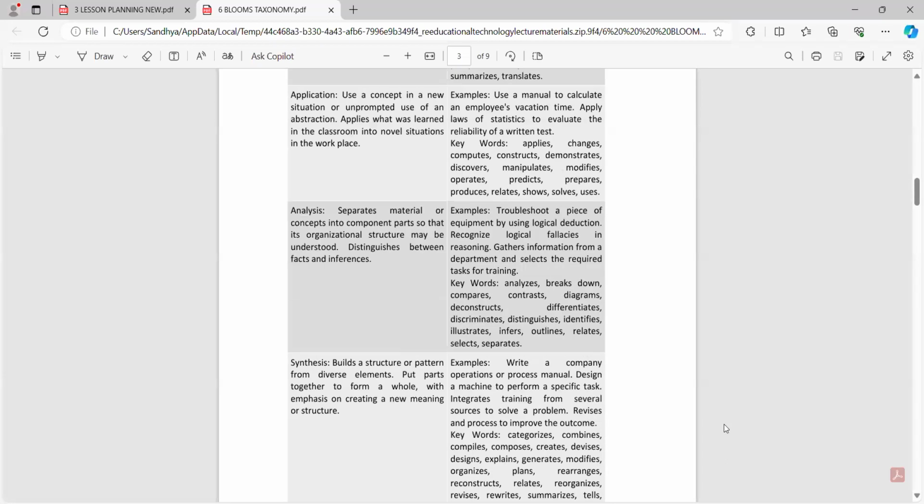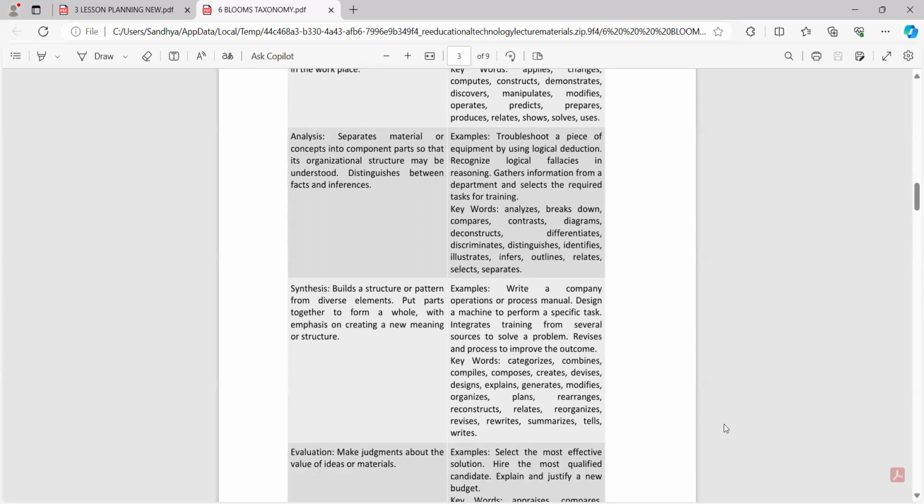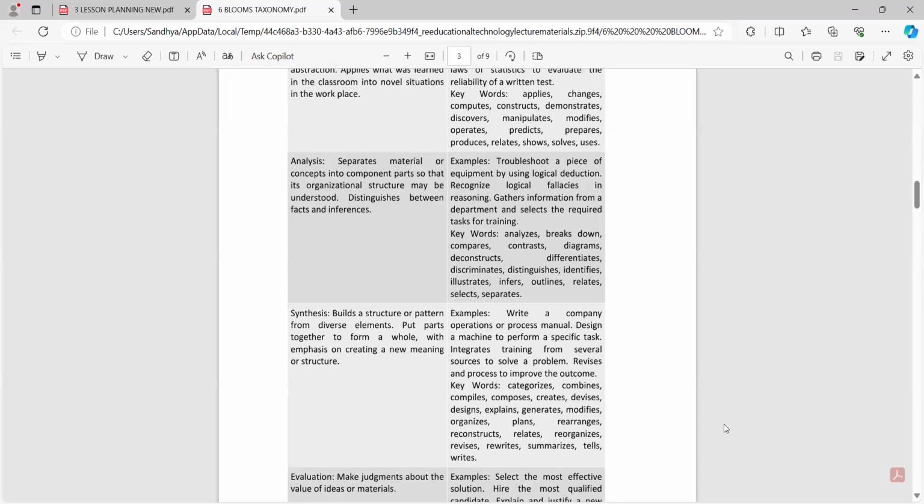Right. Normally, analysis, synthesis, and evaluation, they are higher order, HOT. Analyze separates materials or concepts into component parts so that its organizational structure may be understood. For example, if you get the same poem to be read by your students, these are higher order. Now the child is in grade 8, grade 9.